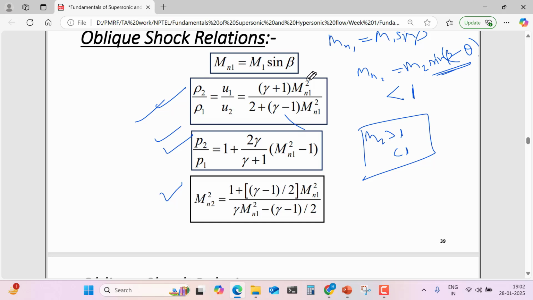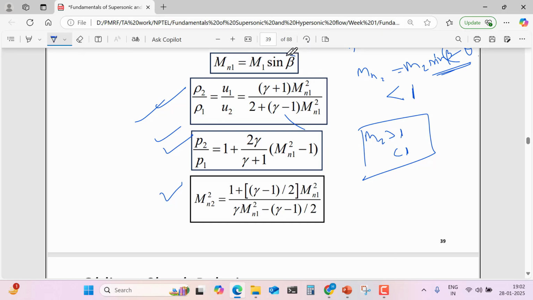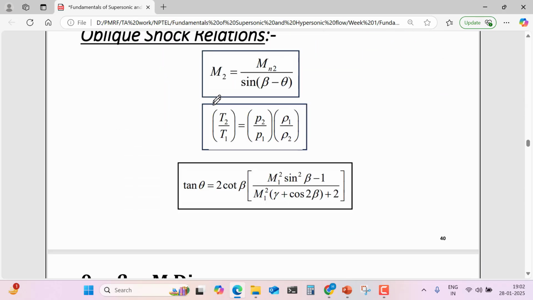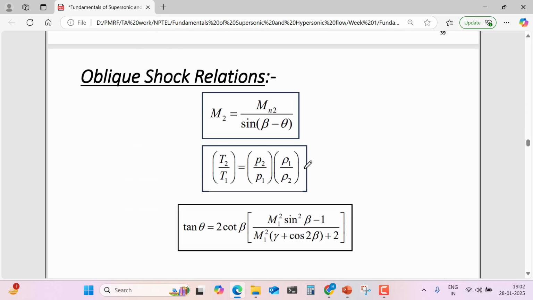So using this, first we have to find the shock angle. We don't know the shock angle. Without the shock angle, we cannot find Mn1. So for finding the shock angle, there is one theta beta M relation, which gives tan theta equal to 2 cot beta times (M1 square sin square beta minus 1) upon (M1 square (gamma plus cos 2 beta) plus 2).